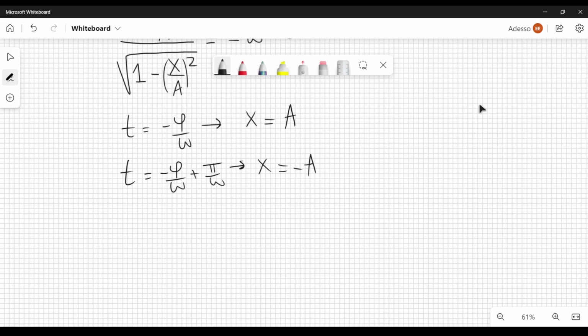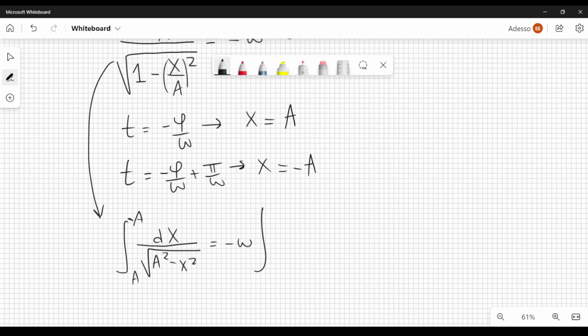And therefore, for example, we can integrate both sides, from A to minus A. Here we have dx over the square root of A squared minus x squared, which is equal to minus omega times the integral of dt between minus phi over omega and pi over omega minus phi over omega.